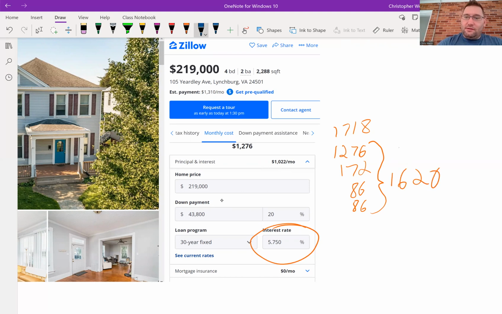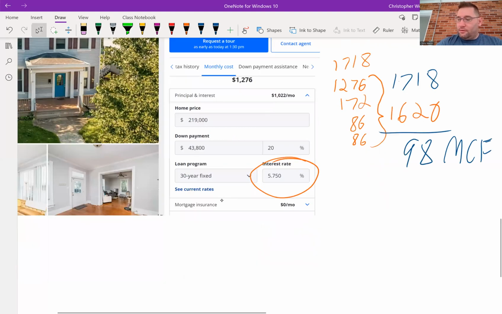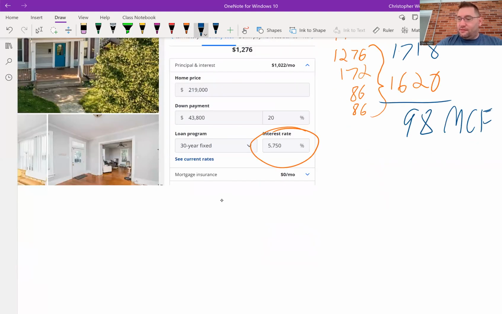Take the 1718, subtract the 1620, and what we get is $98 in monthly cash flows. Multiply that out for the year, and we get $1176 in annual cash flows.